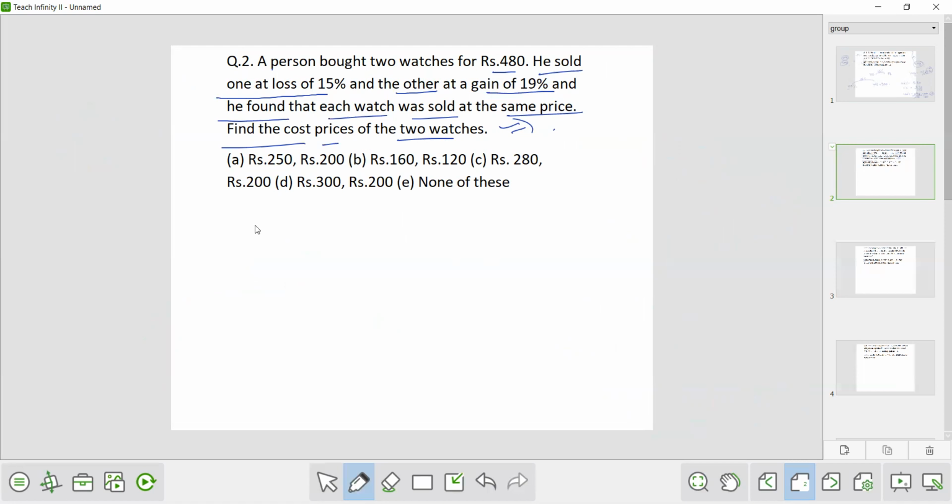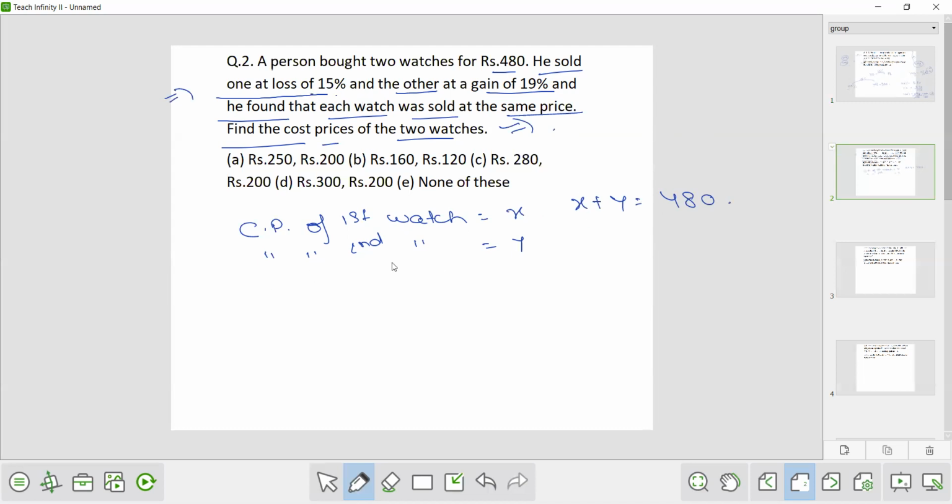Let the CP of the first watch be X and the CP of the second watch be Y. So X plus Y is equivalent to 480. Now it is given that he is selling one watch at a loss of 15%.